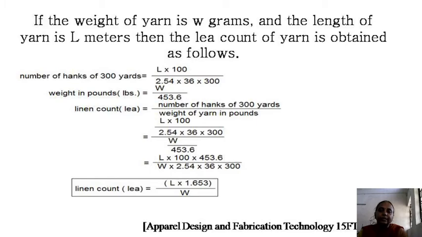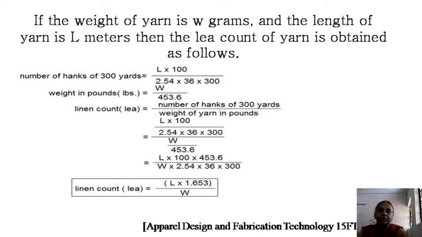Lea count, Li, is equal to the number of hanks of 300 yards divided by the weight of the yarn in pounds.